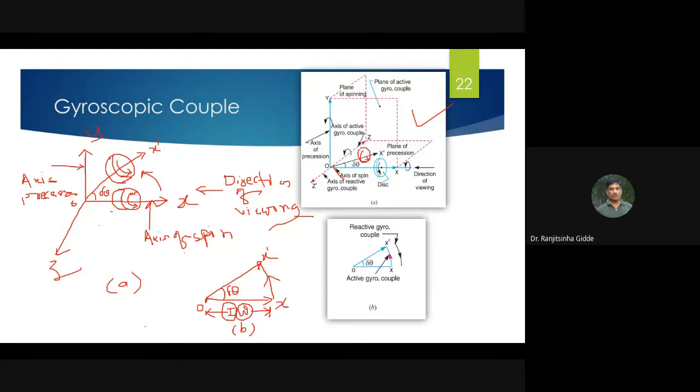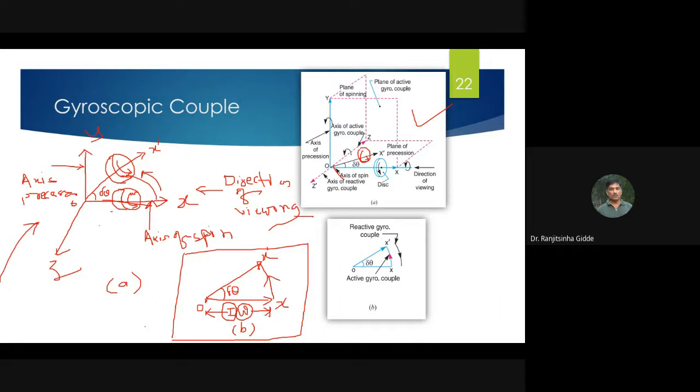So remember that this is the top view. We are looking at the top view, remember. And this direction we are observing in the front view, and it is rotated in the horizontal plane.